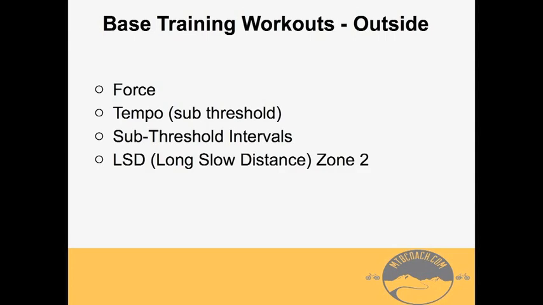But if you have hills, then I would use the hills to build your force and basically drop your gears down so it's one or two more gears harder than what you would normally use, so that your cadence is lower, and 5 minutes or so, maybe even 2 minutes, depending on where you're at in your program.